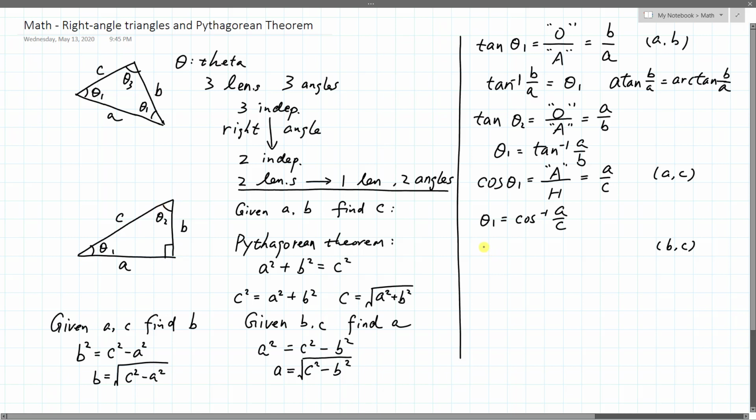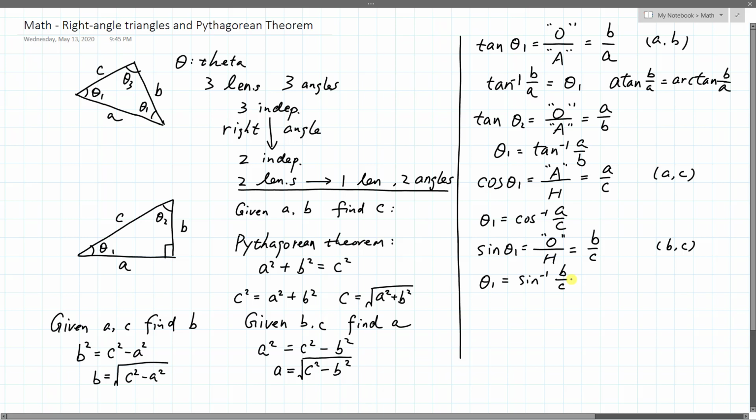So a third function we'll define is sine theta 1, which is the opposite of theta 1 over the hypotenuse. The opposite is B, opposing the angle, and that's the hypotenuse C, so it's B over C. So now this angle theta 1 can be calculated as the inverse sine function of B over C.